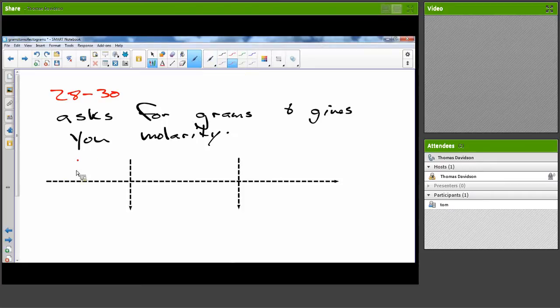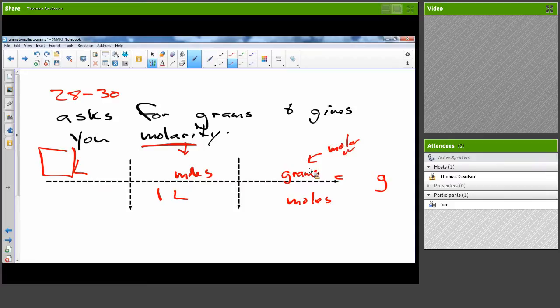You put your liters up here, then your molarity goes here, so you'd have moles per 1 liter. This is your given, by the way. All right, then you need to solve for grams. So down here you want moles, up here you want grams. And those grams would be the molar mass you would look up. If you recall, these were easy because you just take all 3 of the numbers in the problem and you multiply. All right. Next.